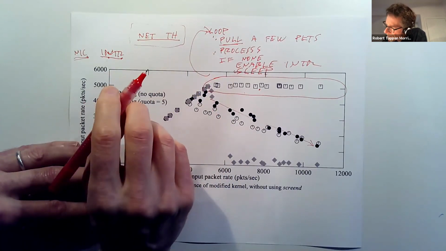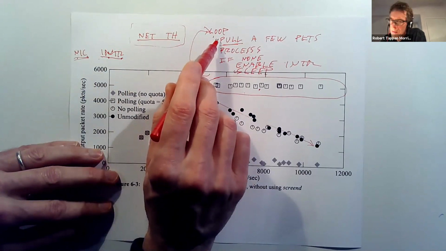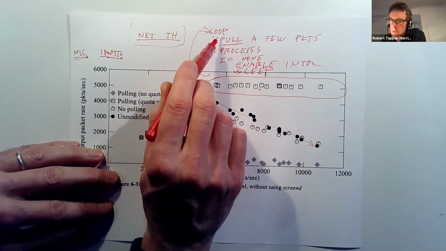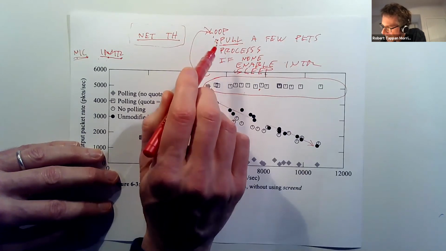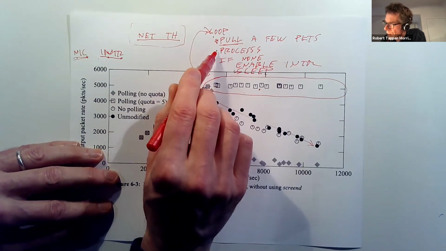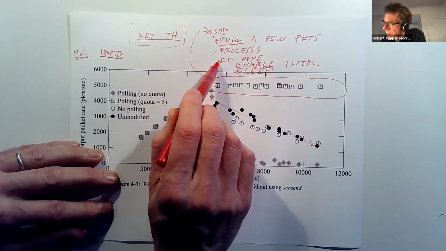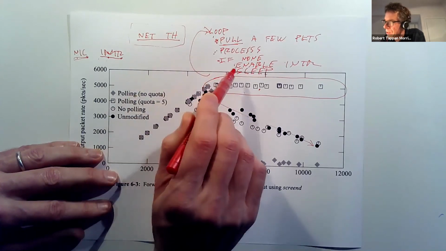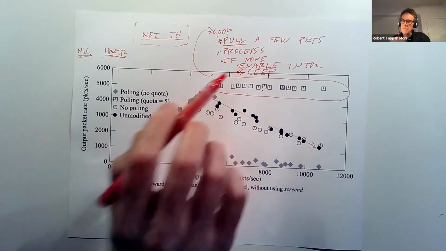Actually, because the interrupt routines no longer read packets from the NIC, the loop probably checks every NIC at this point. If a NIC has packets waiting, the loop will pull a few out of the NIC and process them. And if none of the NICs had any packets waiting, the loop will enable interrupts on all the NICs and sleep. And any NIC that interrupts will wake it up. That's my guess. Okay, yeah, sounds reasonable.